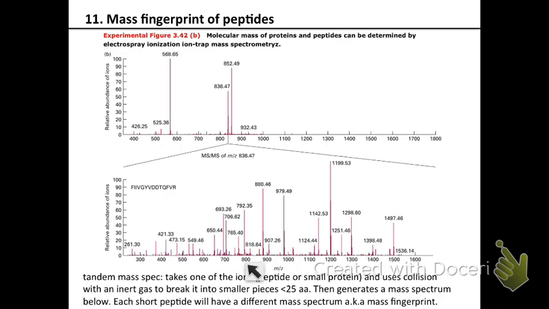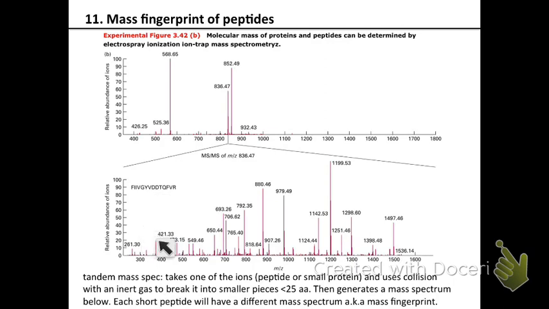This spectra is basically coming from a mixture of peptides that are produced from this small peptide. So each short peptide will have a different mass spectrum. That's what we call a mass fingerprint.